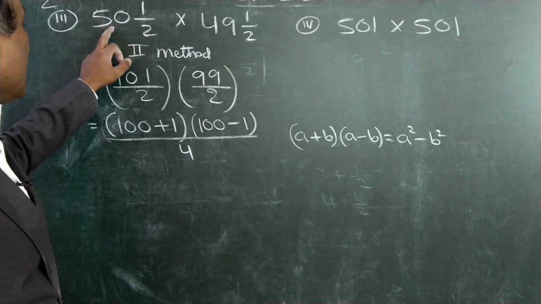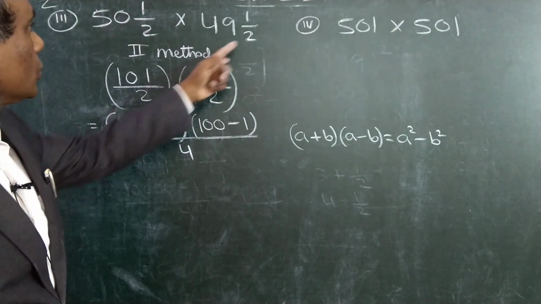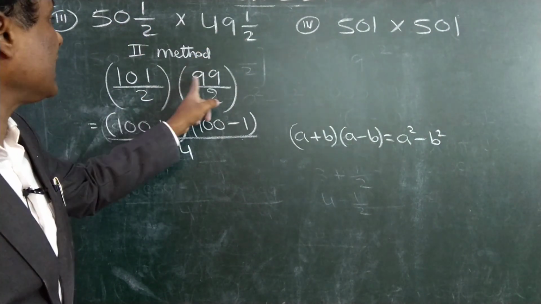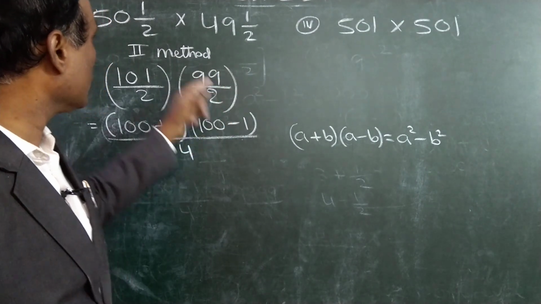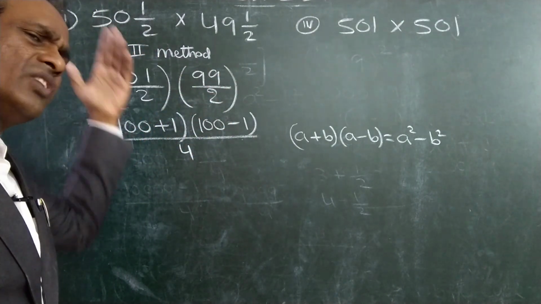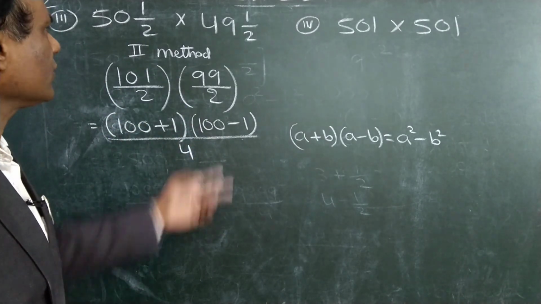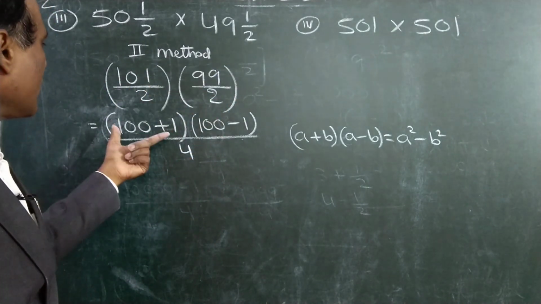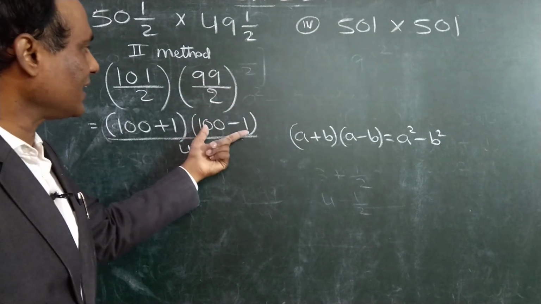You know how to convert the mixed fraction into improper fraction. You studied in 6th, 7th, 8th classes. 101 is 100 plus 1, 99 is 100 minus 1.